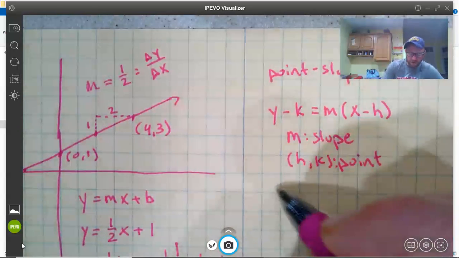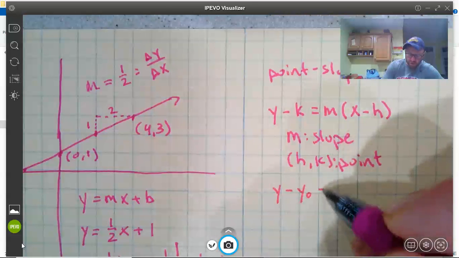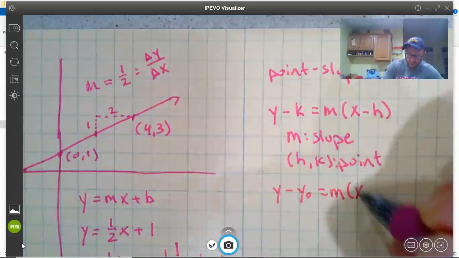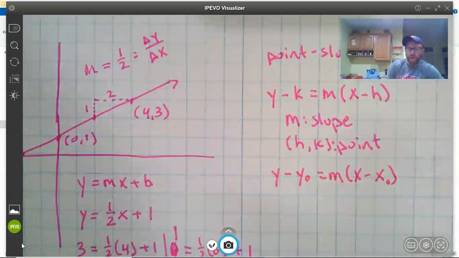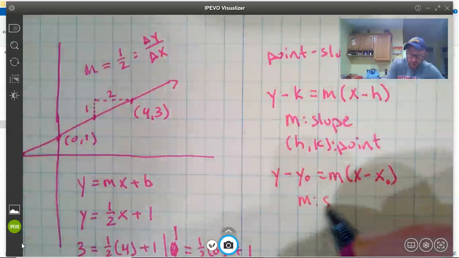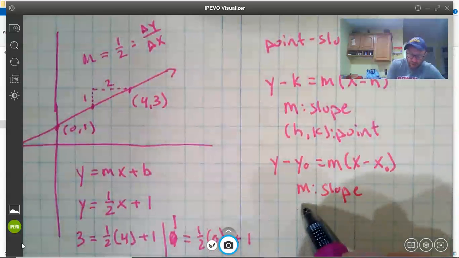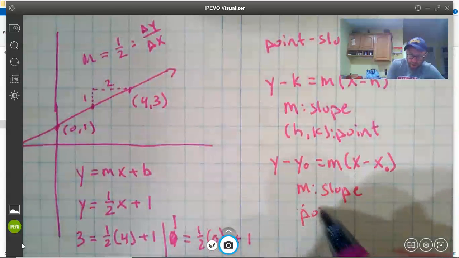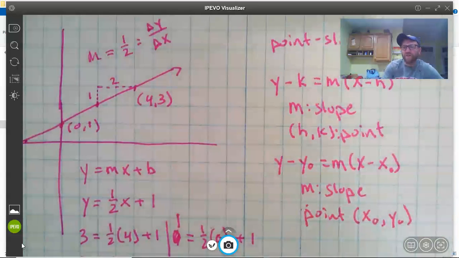Sometimes you'll see this written as y minus y sub 0 equals m times (x minus x sub 0). And still, m is the slope, but this time the point is (x sub 0, y sub 0). They just change the name of the x and y coordinate in the point that you're plugging in, but it doesn't change the actual formula.